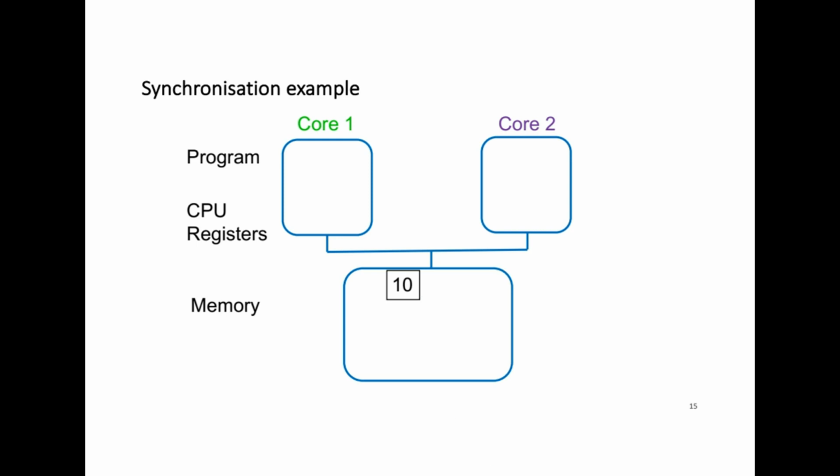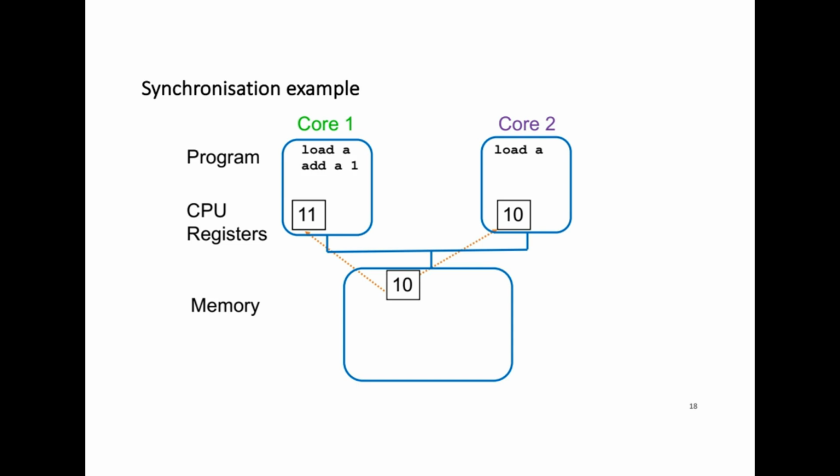If we don't do any synchronization, something like this could happen. First, core 1 does the load of A, so it gets the value 10 in its register. Then core 2 does the load of A, so it also gets the value 10 in its register.